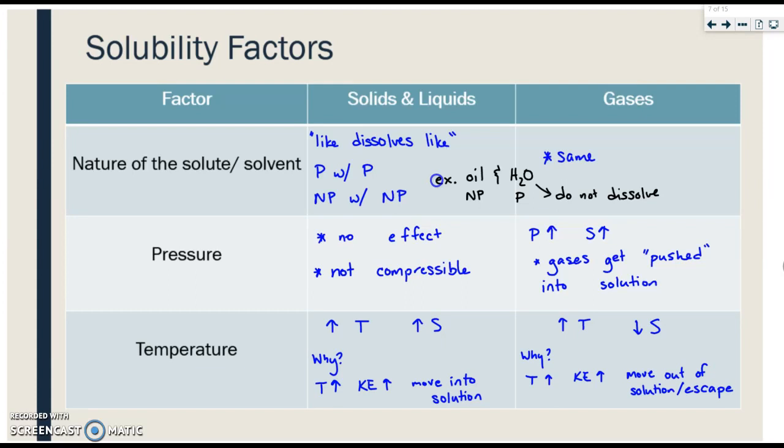For gases, it's the opposite for the same reasoning. So as temperature goes up, solubility goes down. Temperature increases, kinetic energy increases. The gas molecules want to move more, but they want to move out of solution. They want to escape or expand. These will be important on your upcoming test.